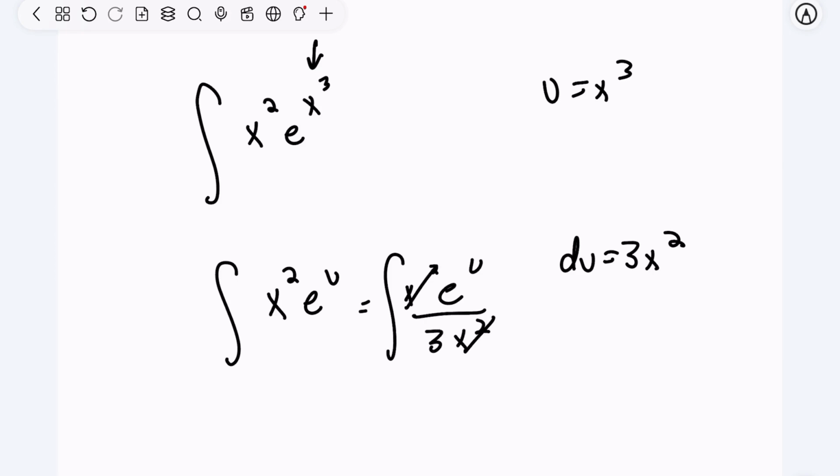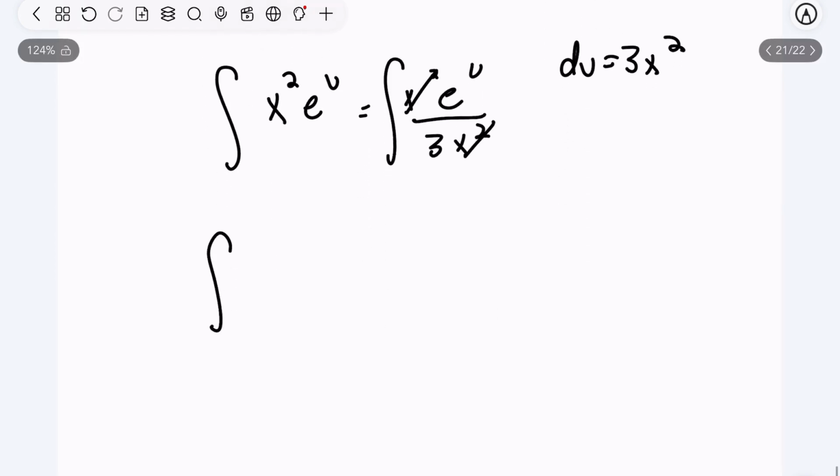Get rid of that. That is going to be e to the u over 3. Remember, you can put the 1 over 3 on the side.